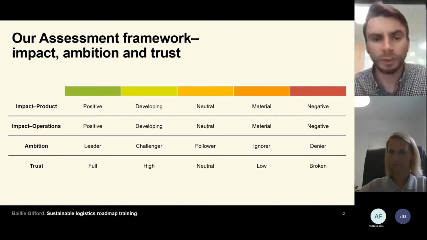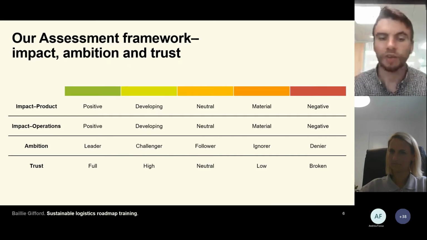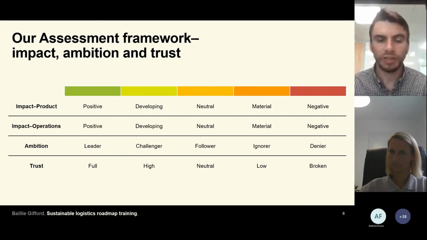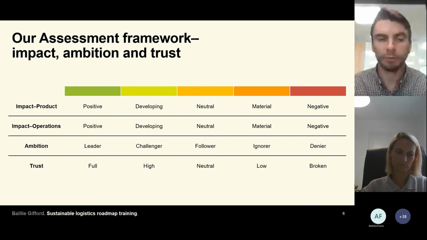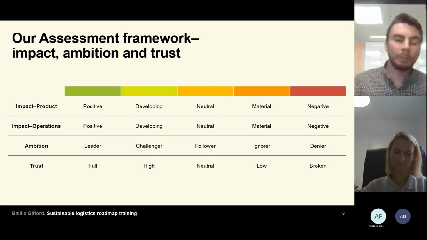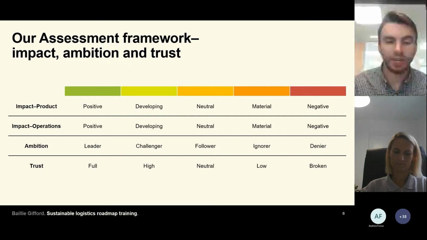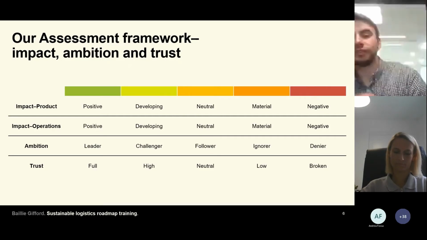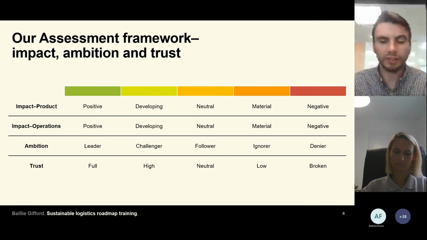So within sustainability work, there's already a lot of aggregating in the analysis, and we feel therefore it's important to break out the impact a company is having between the impact of its product and the impact of its operations, which can be dramatically different. And then we assess this impact of an organisation to how ambitious are they to address the impact, and then we'll look into the leadership team and the governance structures to see whether or not we should trust them.